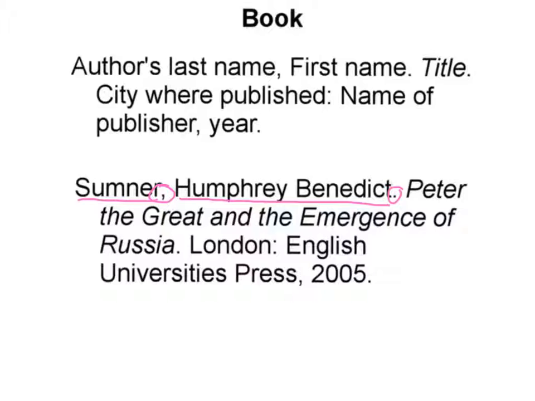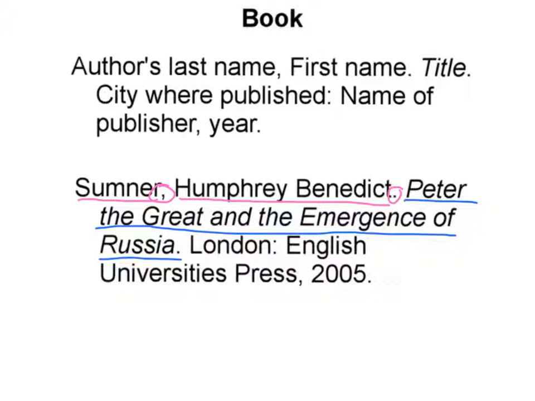Once you've added the author's last name and first name, you need to add the title of the book. And when you write the title of the book, you need to make sure you italicize the title. So on our example here, you can see how the title is all italicized.